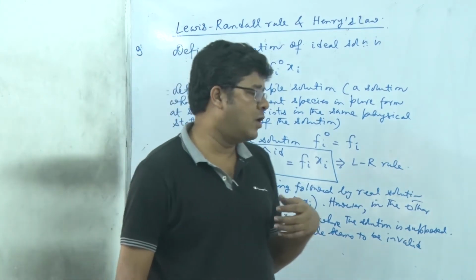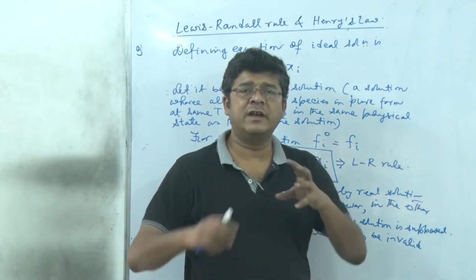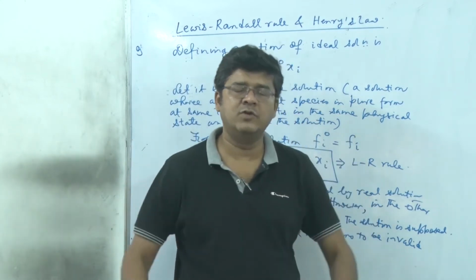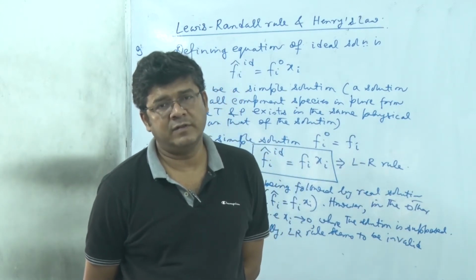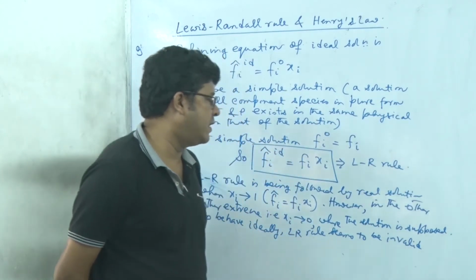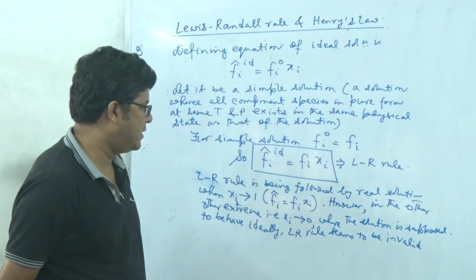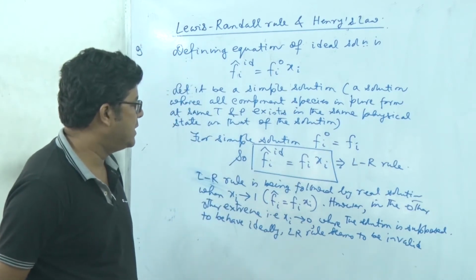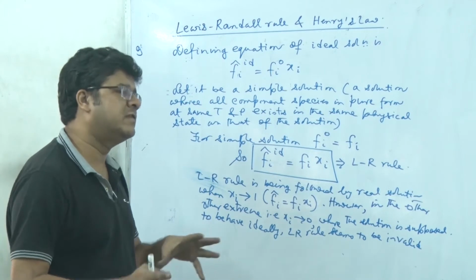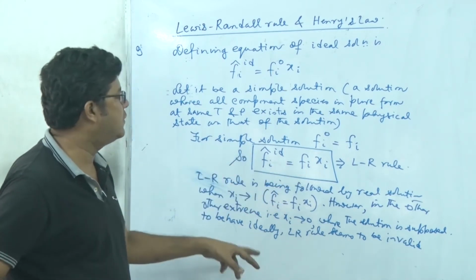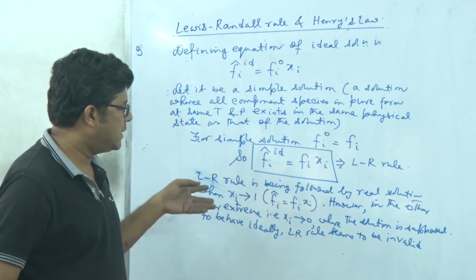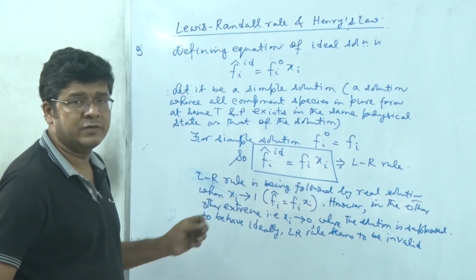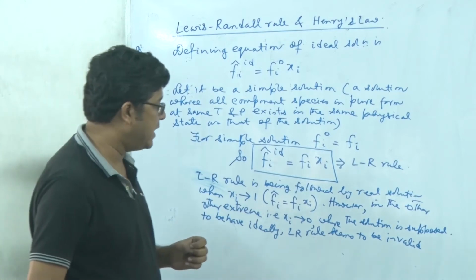And on the other hand, the very definition or reduction of Fi naught is equal to Fi, that is not valid for non-simple solution. So question is how to represent or how to go for these non-simple solutions' ideal form and also for the ideal form of this simple solution in case of infinite dilution.